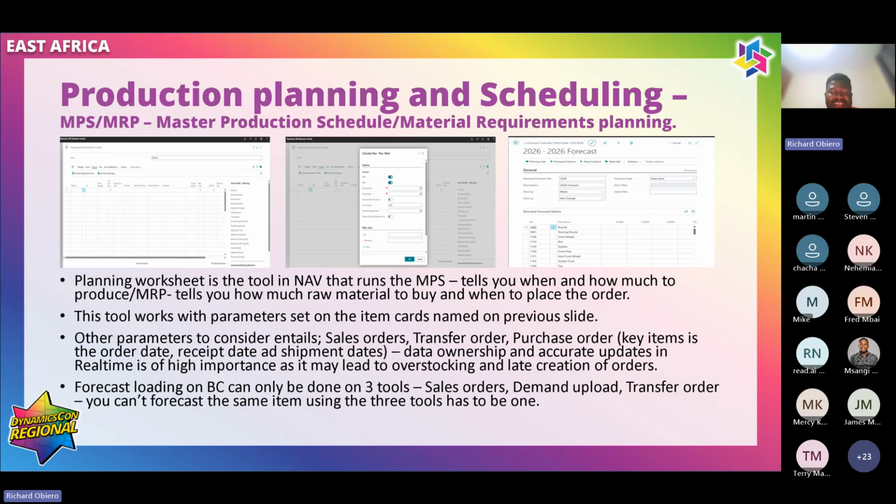That work needs to be done religiously every day, so that if a purchase order is not going to arrive on a particular date because the supplier has communicated that, it is updated every day, if you want your MPS and MRP to actually work in a realistic manner. So you also need to know data ownership. If you don't get data ownership resolved, you will end up doing customization to solve an operational problem.